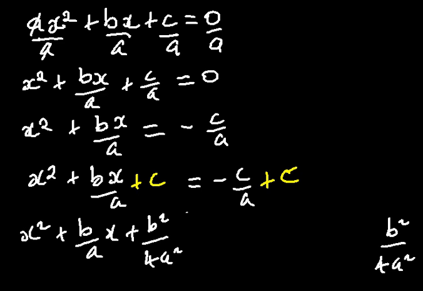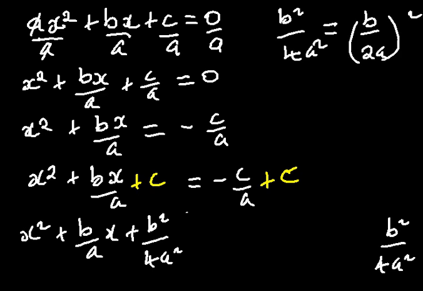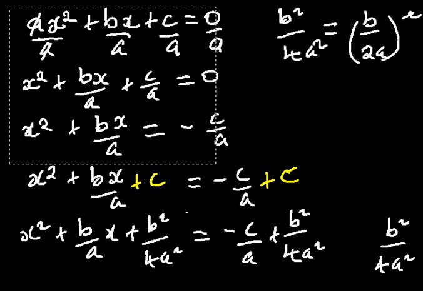But keep in mind that b squared over 4a squared is the same as b over 2a all to the power 2. You need to keep this in mind. And the right side is the same as negative c over a plus b squared over 4a squared. So we can have it as that.